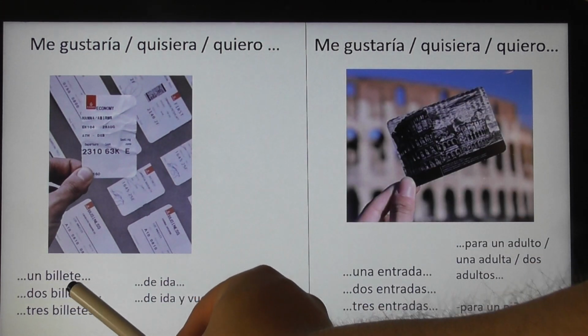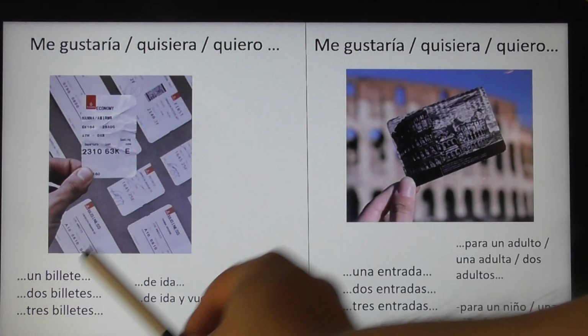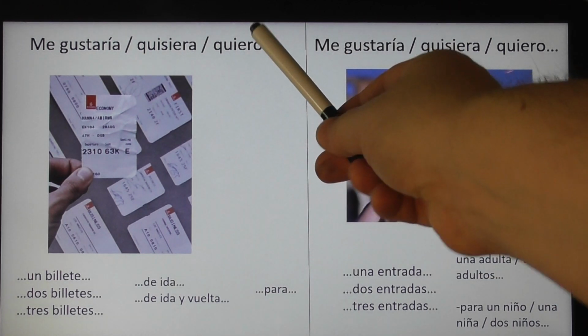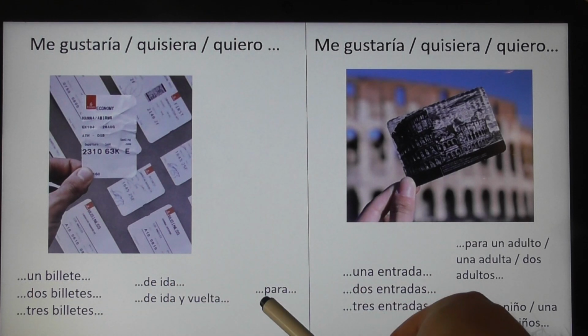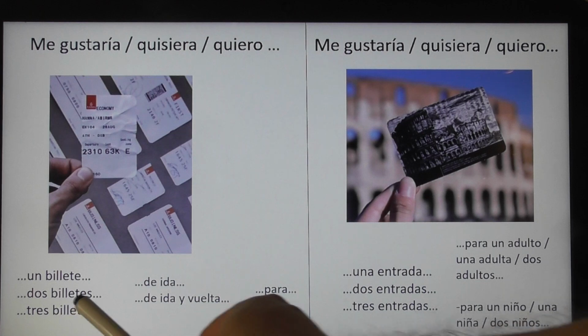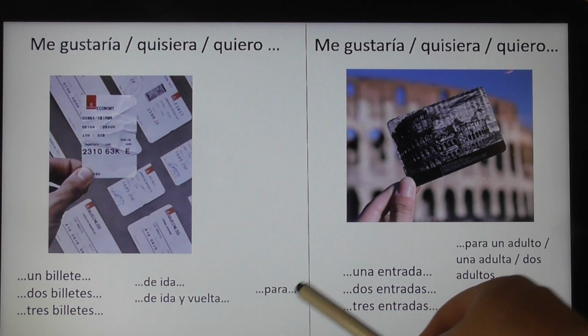Quiero un billete de ida. ¿Cómo se dice en español I want a single ticket for Salamanca? Quiero un billete de ida para Salamanca. ¿Cómo se dice en español I want 2 return tickets for Barcelona? Quiero 2 billetes de ida y vuelta para Barcelona.